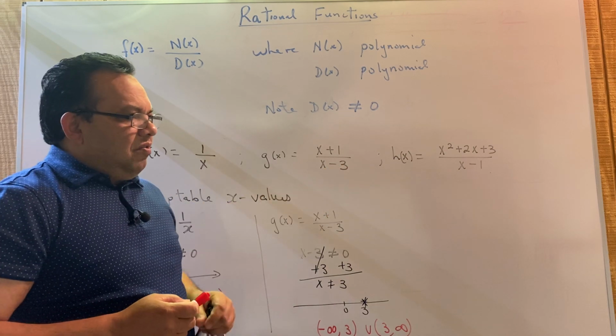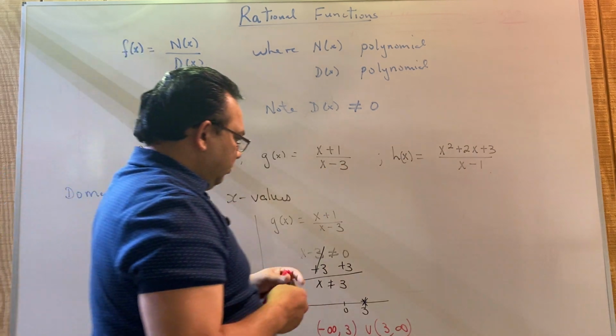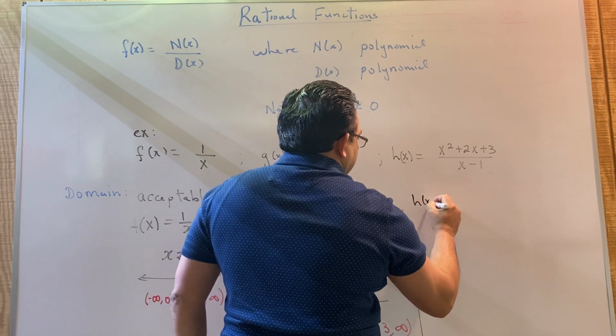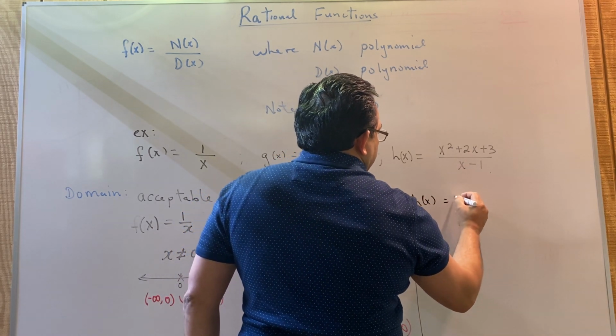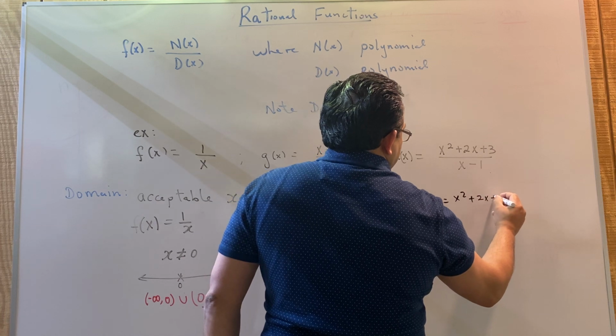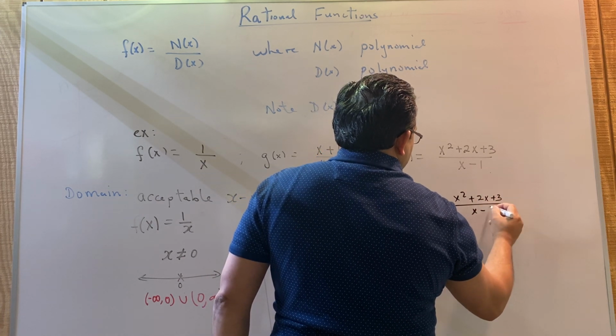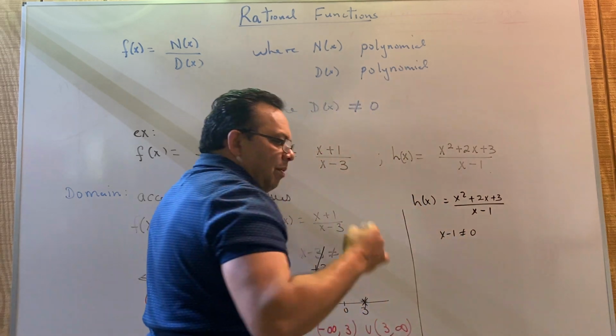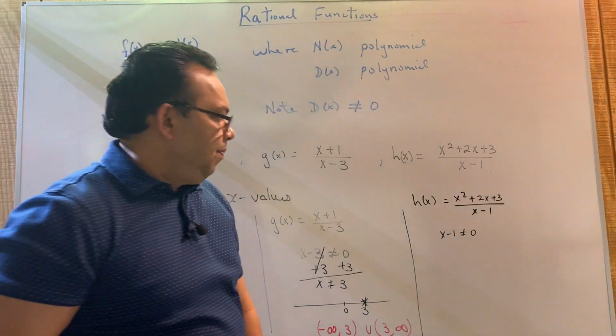The same thing will happen for h of x. If we look at h of x, which is x squared plus 2x plus 3 over x minus 1, we take the denominator and set it not equal to 0, because denominators cannot be equal to 0.